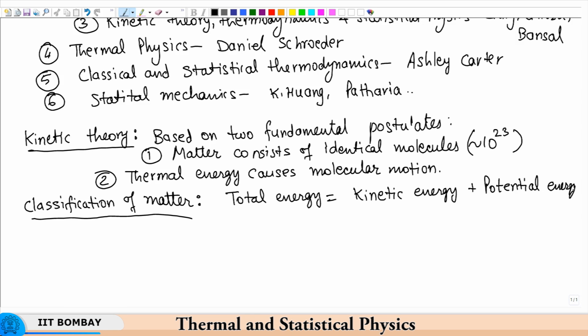If you have a certain temperature, all the molecules will be moving with certain velocities, and you can assign a kinetic energy to those molecules at any given temperature. And the other one is potential energy, which is basically how two molecules interact with each other. If the molecules are charged particles, they can attract or repel each other, so due to these interactions there are forces acting on all these molecules.